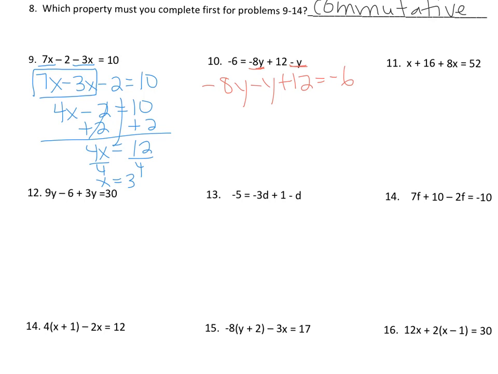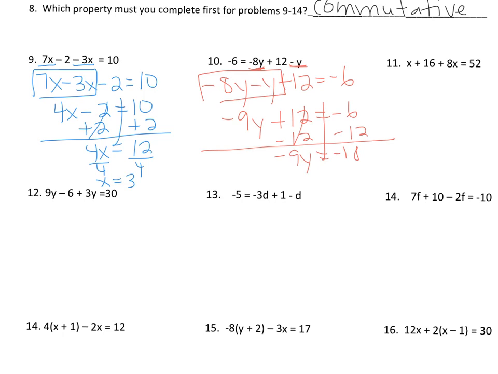So now negative 8 minus a negative 1, or minus 1, is going to give us negative 9y plus 12 equals negative 6. And then I'll subtract. So negative 9y equals negative 18, and I'll divide by negative 9. So y is equal to 2.